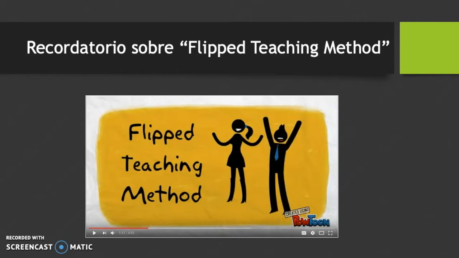We use the flipped teaching method to teach language. We give the students homework activities in which they learn the topic for the lesson and also the grammatical points covered in the lesson.